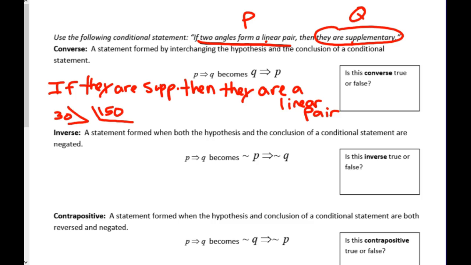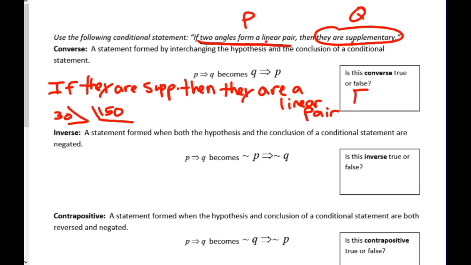So are those supplementary? Yes. So if they're supplementary, then they have to be a linear pair. But wait, this is not a linear pair because they're not next to each other. They're not touching, right? That makes sense? Supplementary can be detached. Linear pair has to be attached. So this is false. Very good.